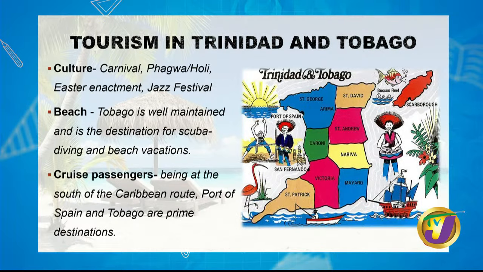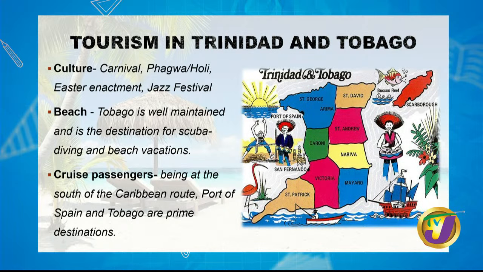Then we have our cruise ship passengers. Seeing that Trinidad is located in the south of the Caribbean region, it is easy access for tourists who are coming from which continent again? Remember, we looked at our map earlier. Where are they coming from? That's right.